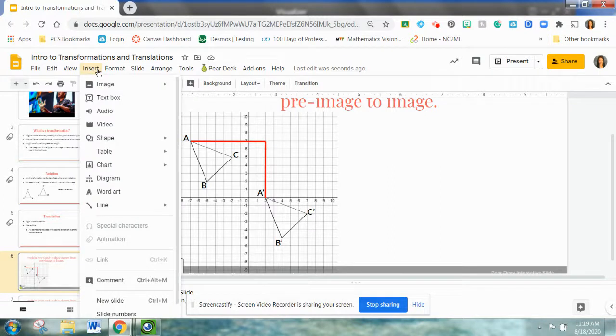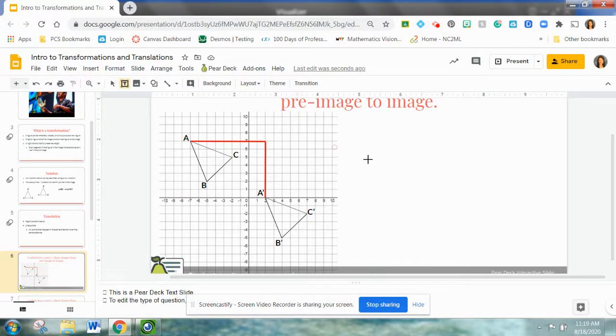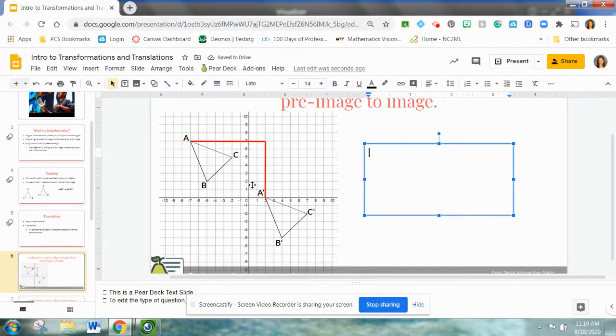So, can I draw? No, I can't. All right, I'm just going to insert a text box and we're going to go from there. So if I am looking at my A coordinate, A's coordinate is -7, +7. And A prime's coordinate is 2, 0.